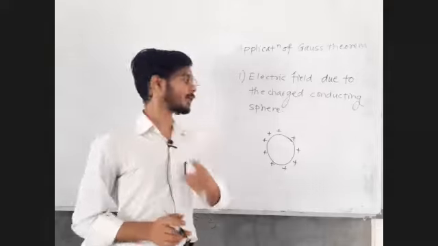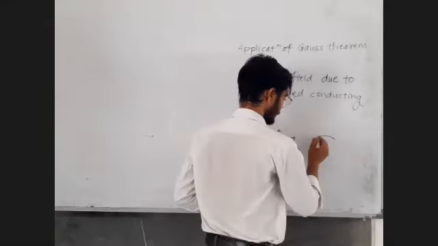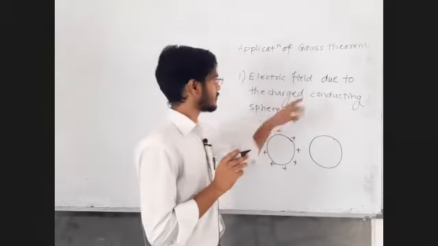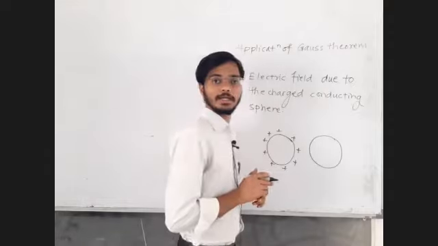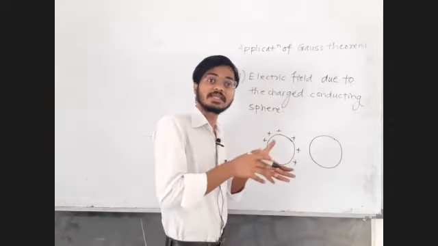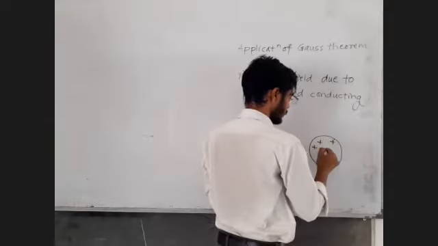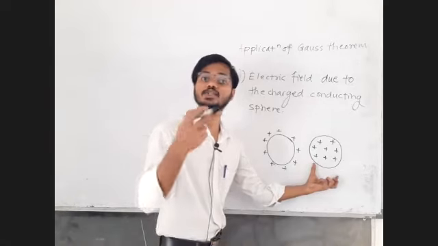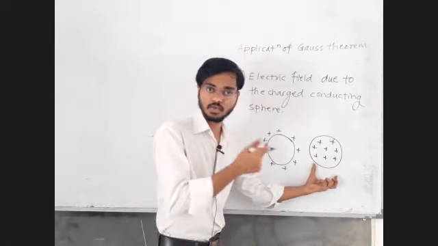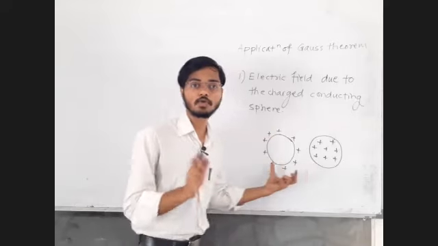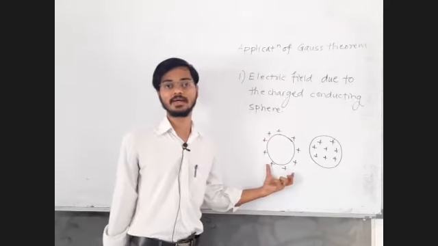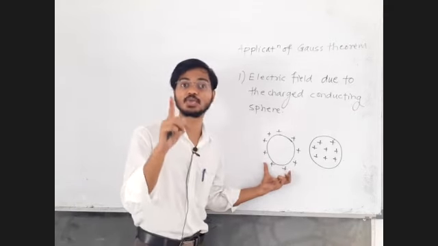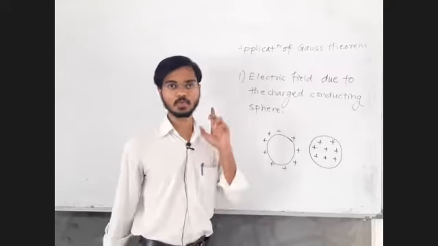But an insulator does not allow the flow of charges, so for an insulating material, charge can remain inside the volume also. So for insulators you can have the concept of charge per unit volume, but for conductors you cannot; for conductors you have the concept of charge per unit area.